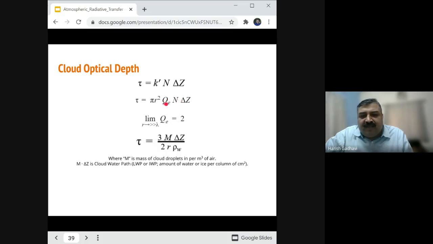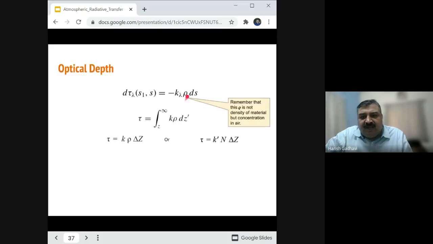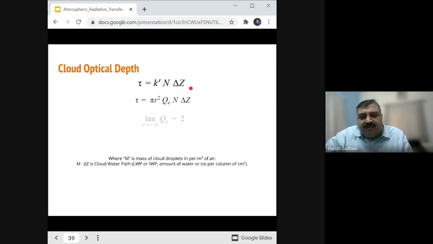If you multiply, we can get the volume of the droplet, and we know the density of the water, so we can write rho. Here also we have a rho, but that rho is different. This rho is a concentration in the air, whereas this rho is the density of the material, in this case water.